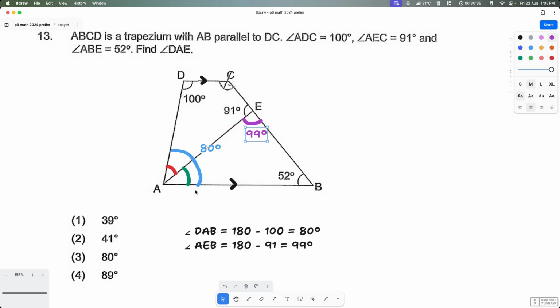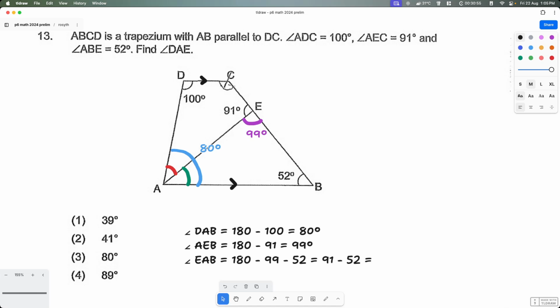So we can get the green angle, which is angle EAB, equal to 180 minus 99 minus 52, which is basically 91 minus 52.